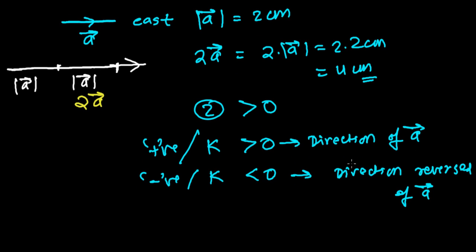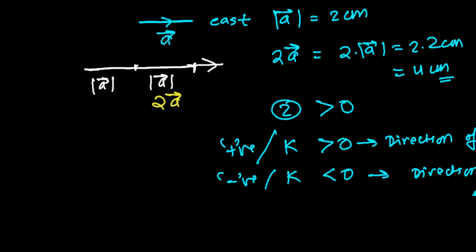In the same way, if you multiply that vector A with negative 2, then the direction will just get changed like this, and everything else remains the same. The magnitude will be the same, twice of A, but the direction will get changed. Keep that in mind.